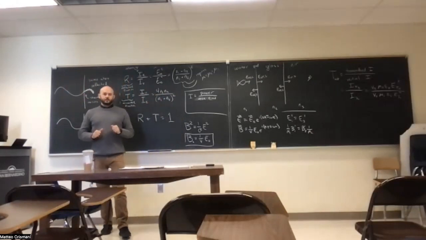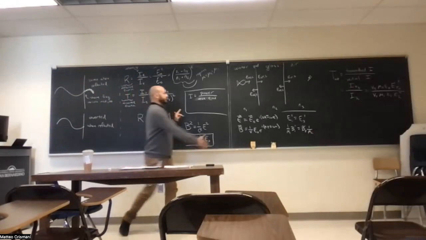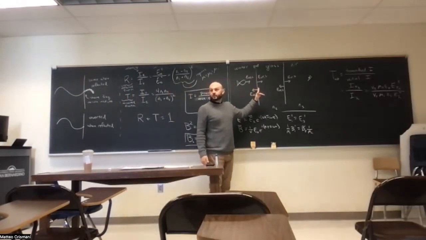Let's think about this again. The direction of propagation is this way. E and B are this way. Do they have, say at this boundary, a perpendicular component?